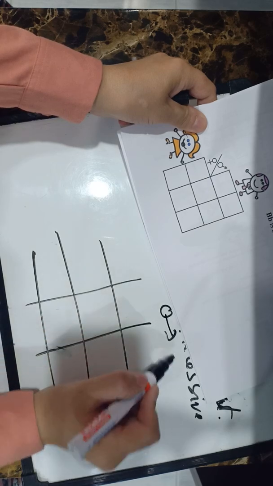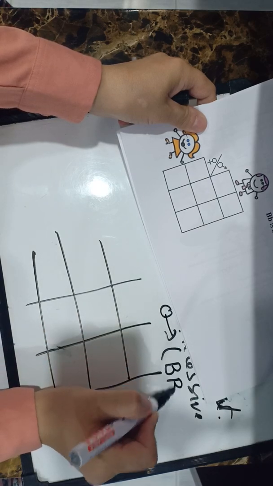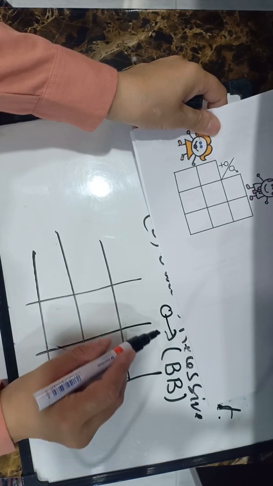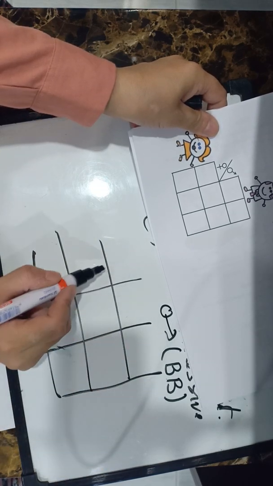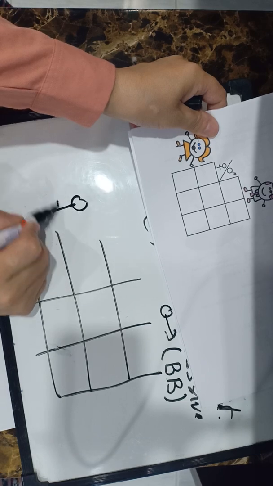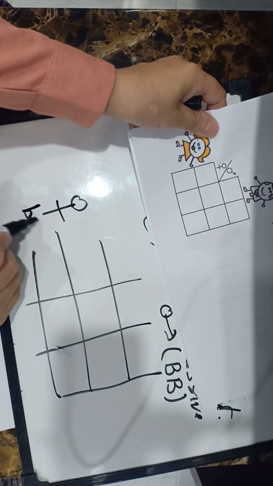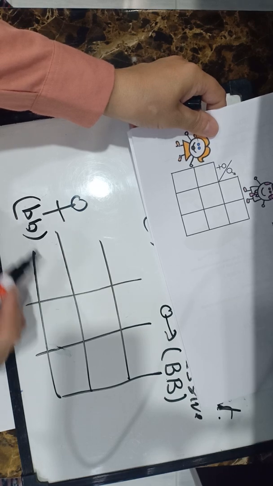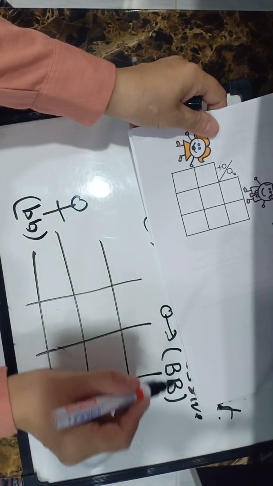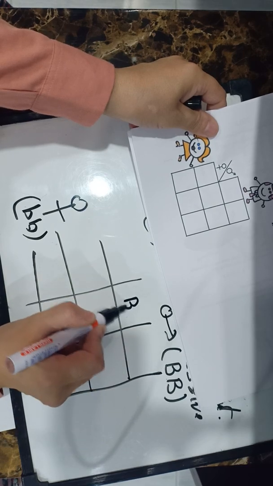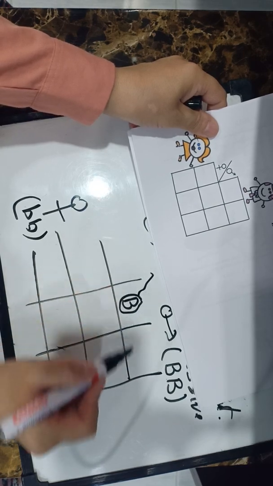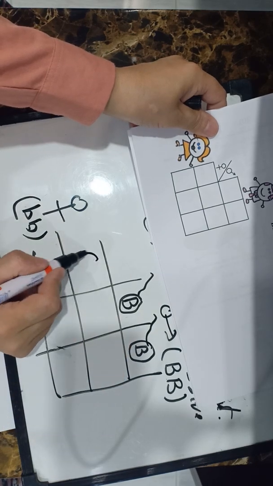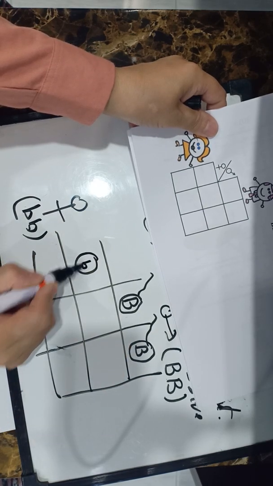The father is capital B because he is brown, and brown is the dominant, and the mother is small b, which means she has blue, the recessive one. The gametes the father will produce are capital B. This is the sperm produced by the father, and the mother will produce eggs which are small b.